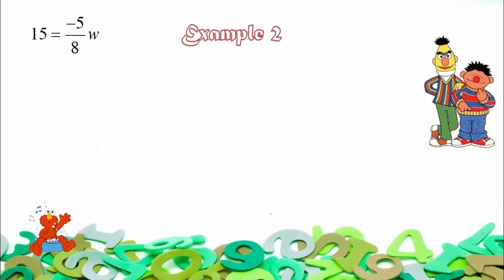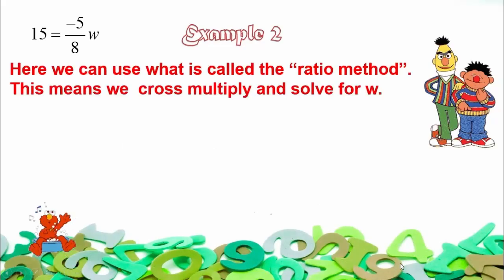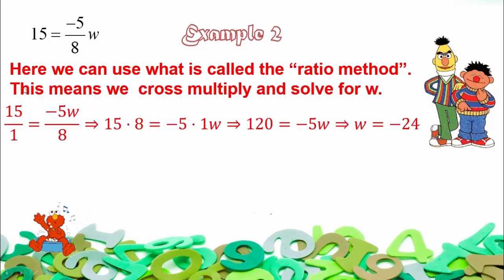Let us review what we did on the whiteboard. We can use what is called the ratio method. This means we can cross multiply and solve for w. So what I did was I set it up as a ratio and then turned it into a regular algebraic problem and solved for w and found that w was equal to negative 24.